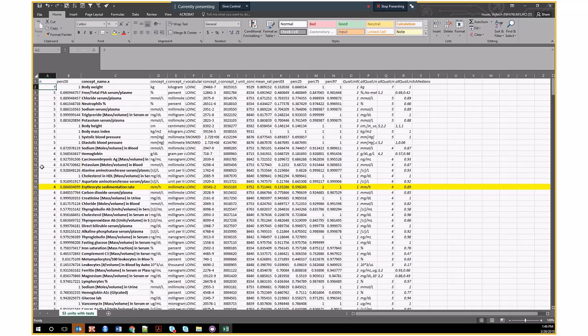To show some of the preliminary results, for example, for a test erythrocyte sedimentation rate, we see a unit to be observed in real world as millimeter per hour. It's a LOINC type of test under concept ID under LOINC. We provide the LOINC ID for it, and it was observed in a total of 4 data sets.